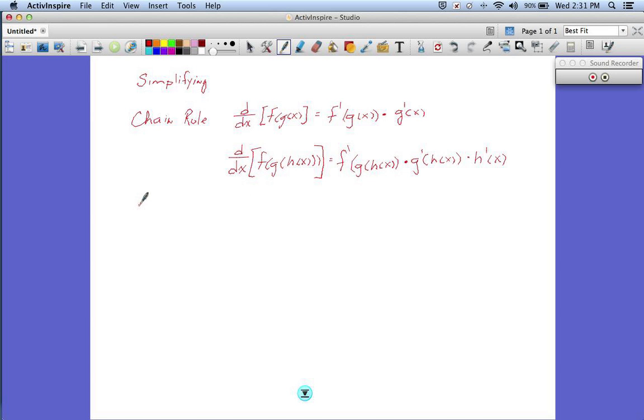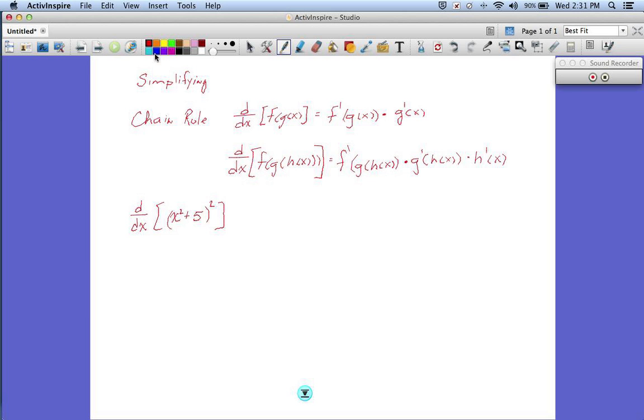Let's start with a basic example rather than jumping into the simplifying piece. So let's look at a function that we want to take the derivative of, and let's say that function is x squared plus 5, squared. In this case, this is a composition of two functions.